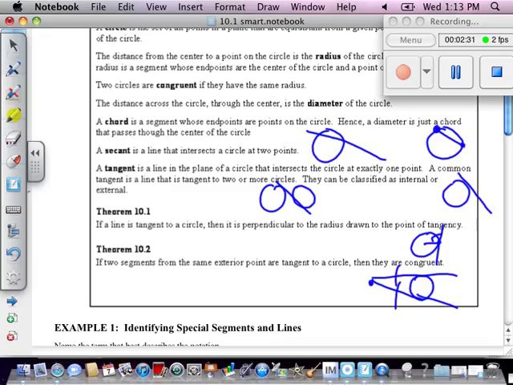If we have 2 segments from the same exterior point that are tangent to the circle, this segment is from here to here, it hits the circle at 1 point. This segment hits this point, tangent to the circle at this point. Those 2 segments are congruent, always.